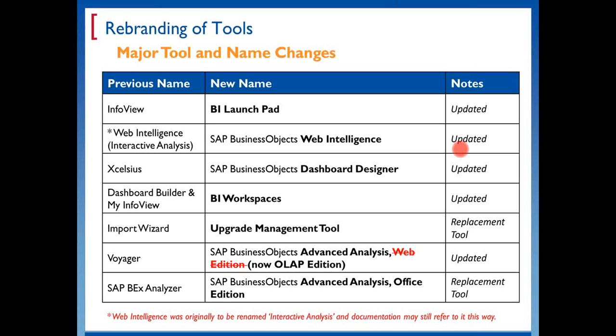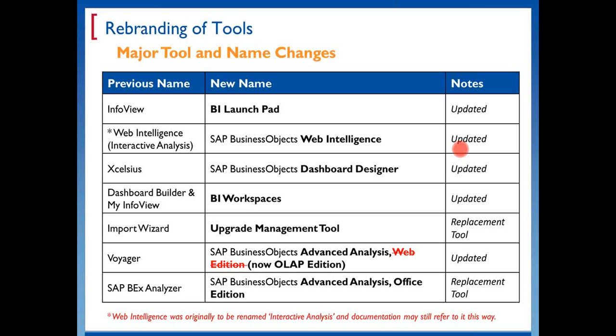You can also create applications, and additional models such as built-in dashboards, etc. using InfoView. However, the same portal is updated in dramatic fashion and renamed as BI Launchpad, guys.